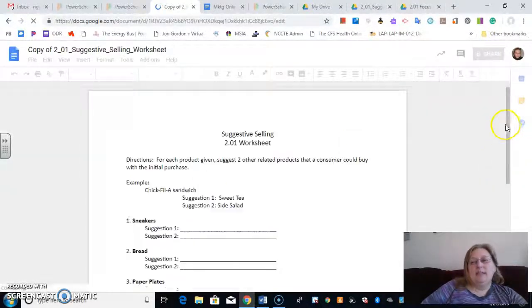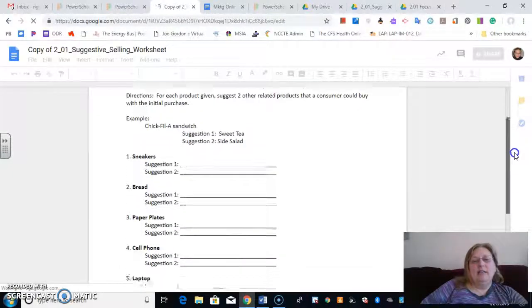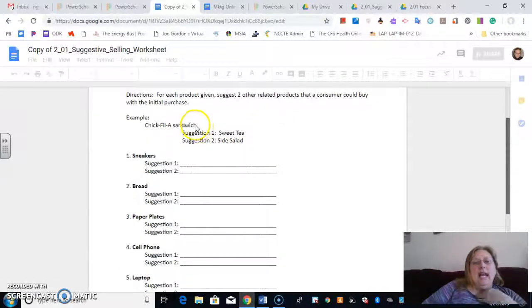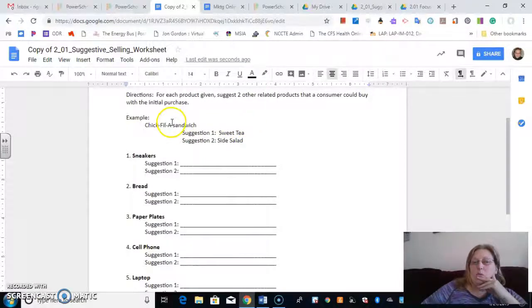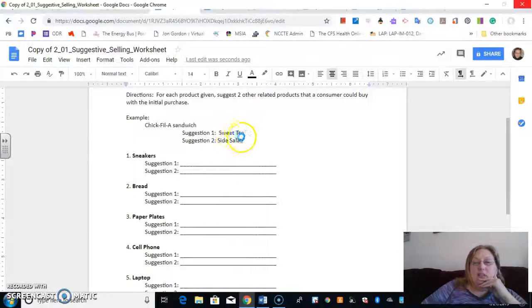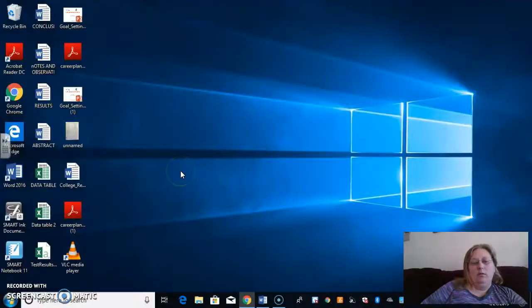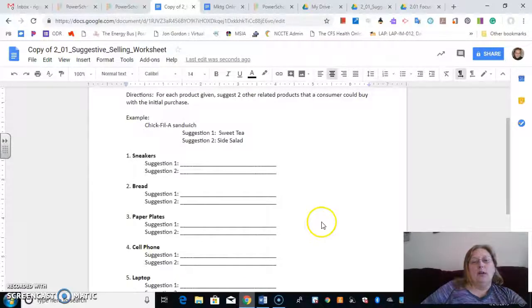So suggestive selling: if I am a Chick-fil-A employee and you come up to my cash register and you order a Chick-fil-A sandwich, what suggestions can I give you that go along with a Chick-fil-A sandwich? I'm probably going to suggest sweet tea and a side salad. That's just 2 suggestions that I can make. So sneakers, well, there we go.